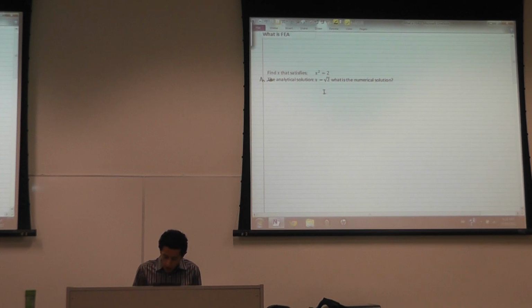I can approximate root 2 with a number that I can handle or work with, that is close enough to root 2.